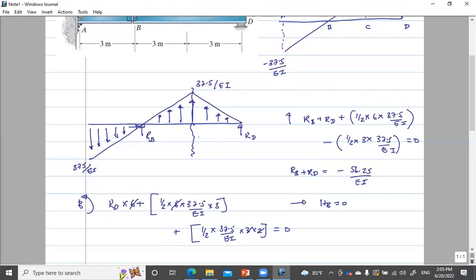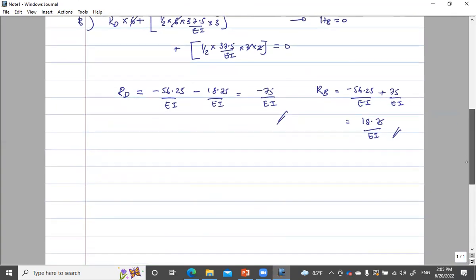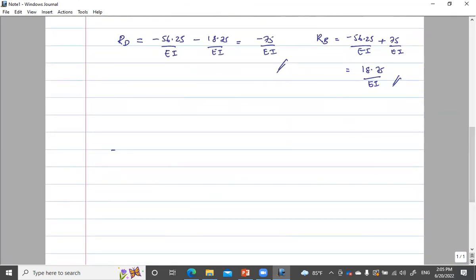So now let me draw this section which I have cut. Here it is 18.75 over EI. Here the load is upward. Here the load is downward.